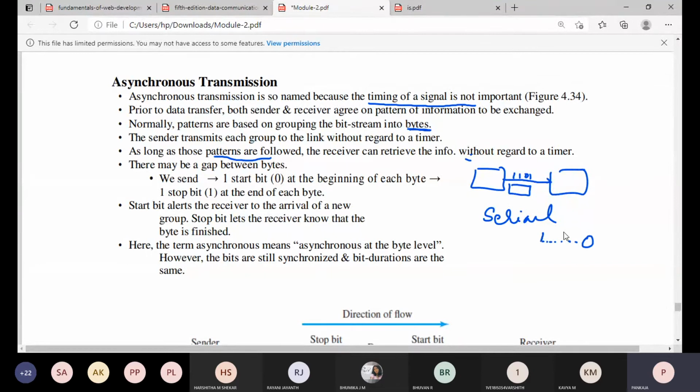Then you add bit 1 to indicate the end of this particular byte, and in between you have the data that will be sent to the receiver. The receiver will know that it should discard the first bit and last bit, and extract only the remaining 8 bits. So this is one technique that is used for data transmission.